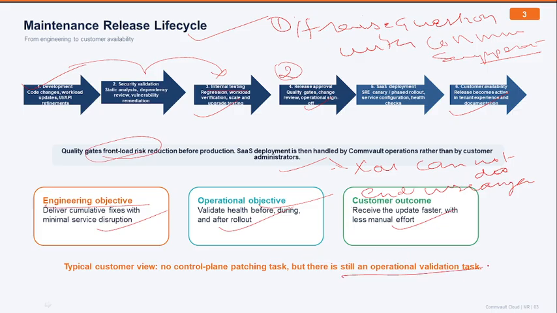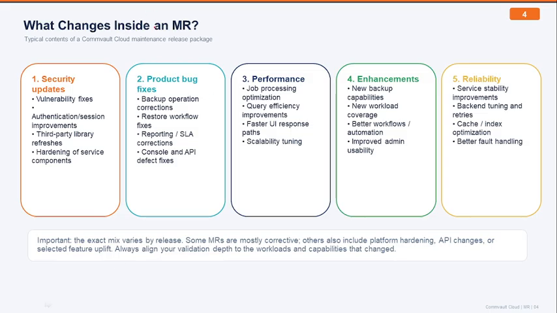Try to understand this word. What changes inside an MR? Typical contents of the Commvault maintenance release package: security updates, product bug fixes, performance enhancement, reliability.